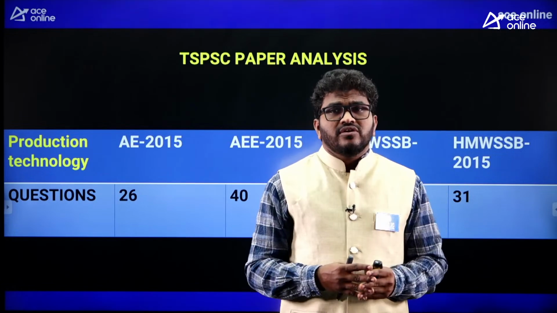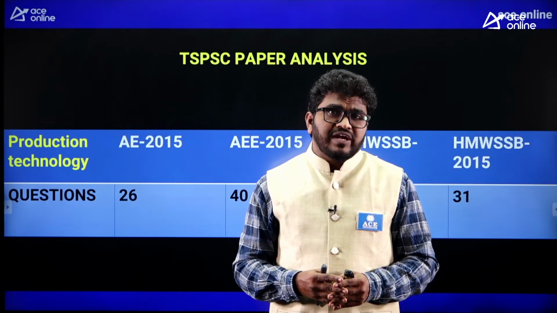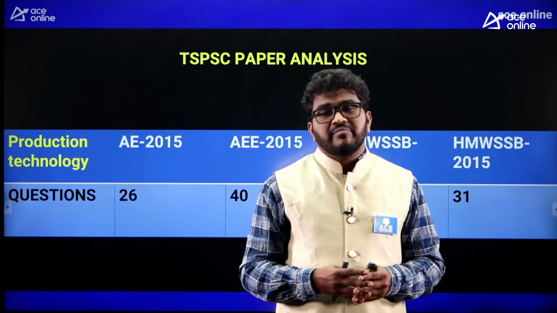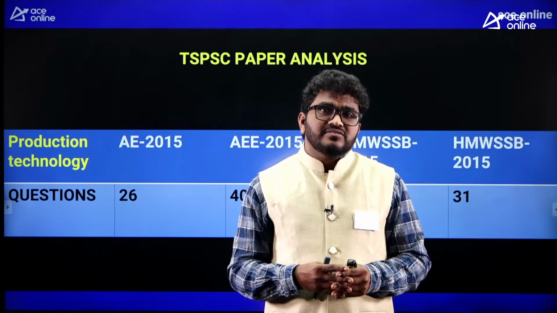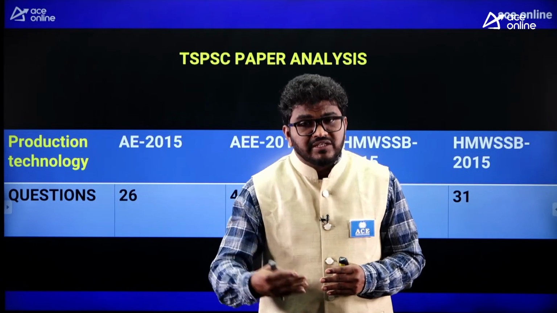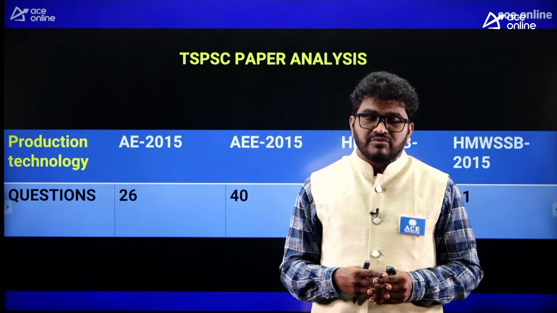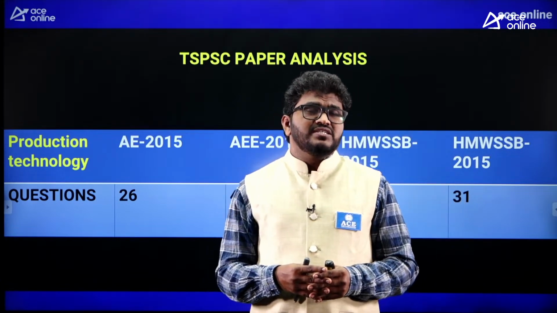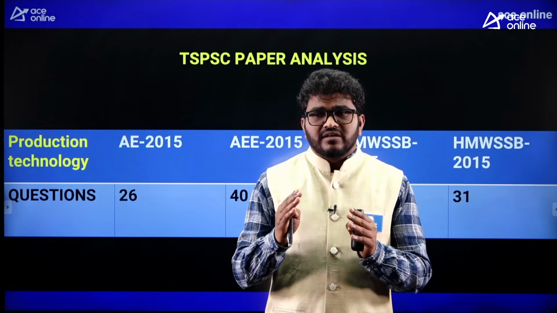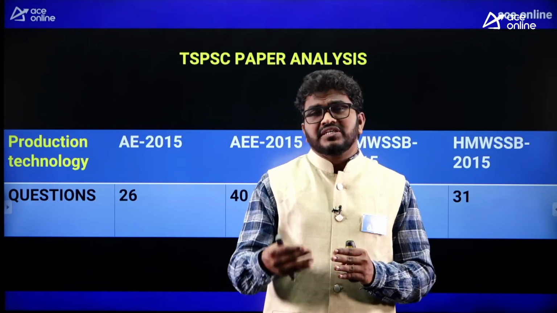We also gave complete information in our ACE online platform, and in ACE Academy we also discussed for our aspirants, and also we are coming to you for some important and concept oriented questions. So the preparation strategy for this subject is a simple one: you just go through the basic fundamentals of each and every manufacturing process.